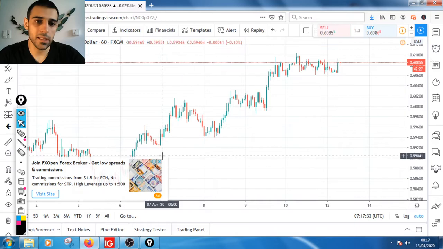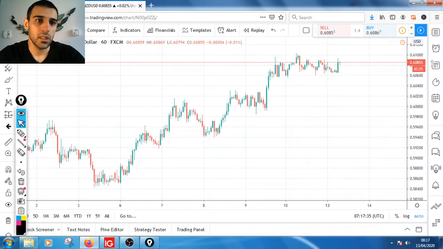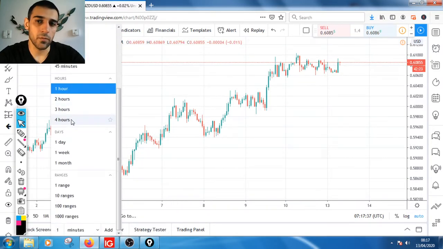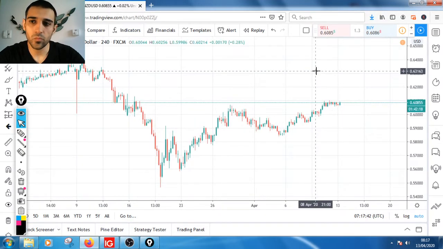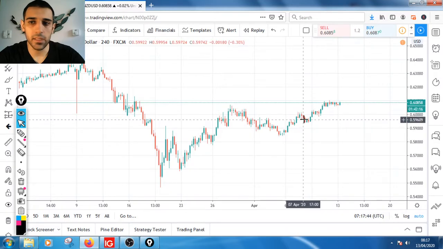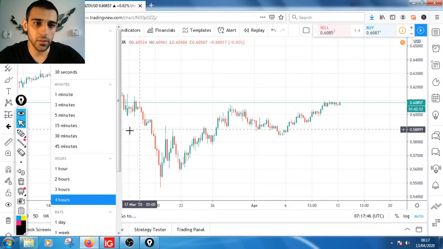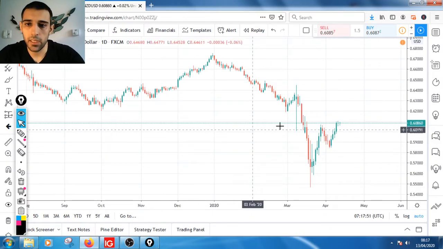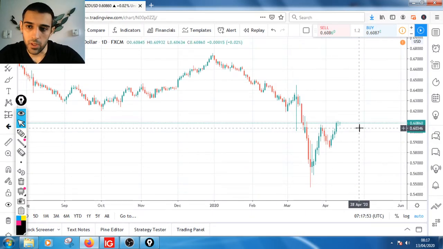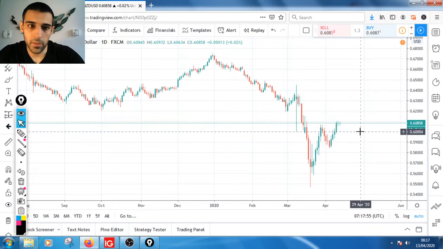But the only concern is, target-wise, if we take a 40 pip stop loss, then we have to leave it to, let's go to the daily time frames and see what we have. If we give it that much stop, a 40 pip stop loss, then we need to run it.